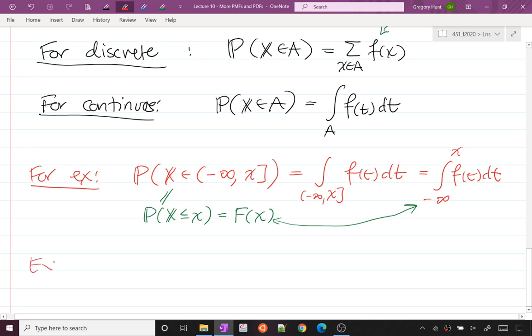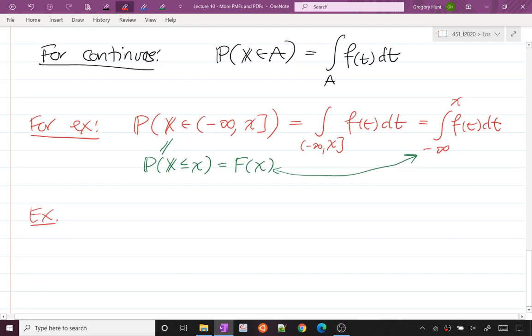Example: if I want to calculate the probability that x is in the interval 2 to 3, maybe we exclude 2 and include 3.